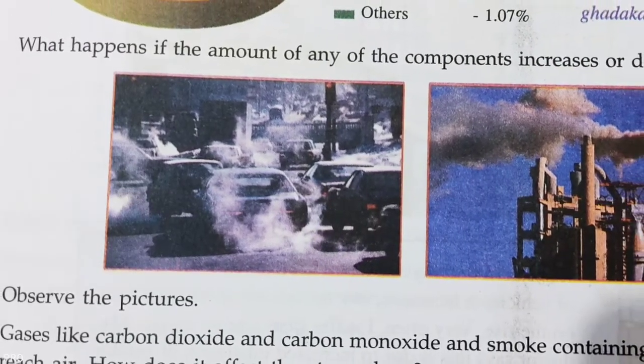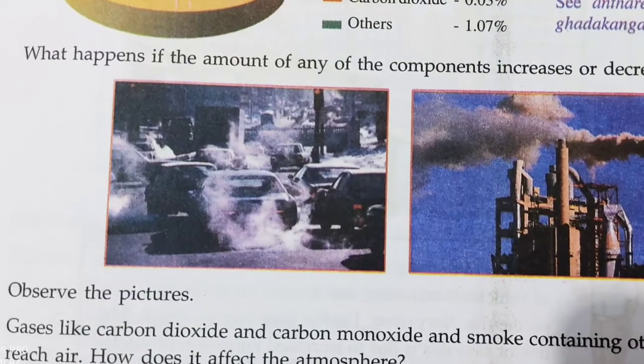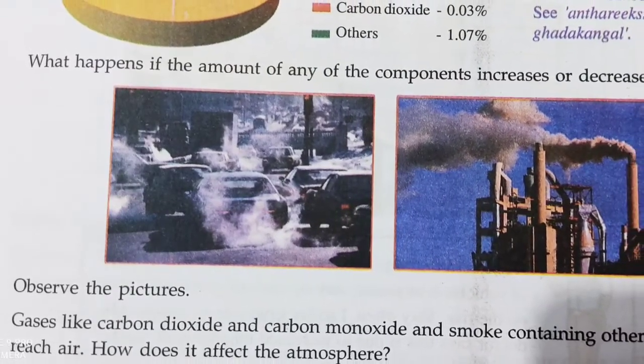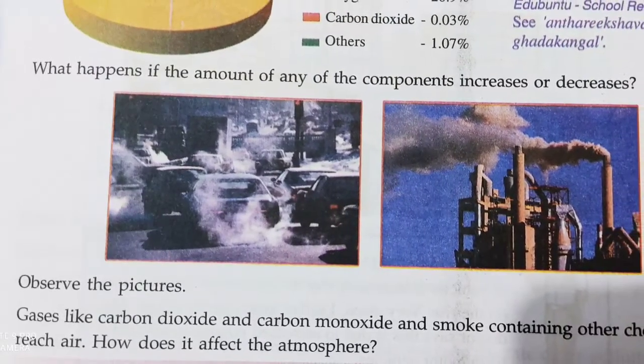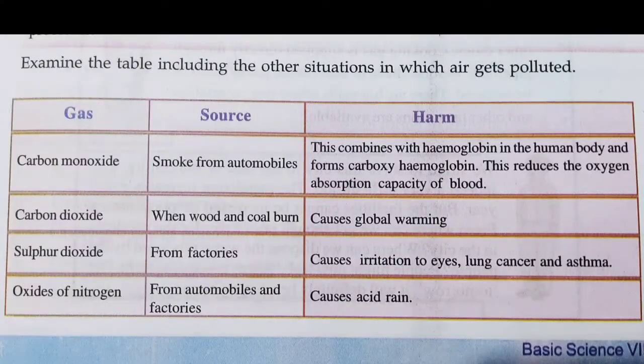Increased rate of pollution creates many health problems. Smoke from automobiles makes carbon monoxide. This combines with the hemoglobin in the human body and forms carboxyhemoglobin. This reduces the oxygen absorption capacity of the blood.